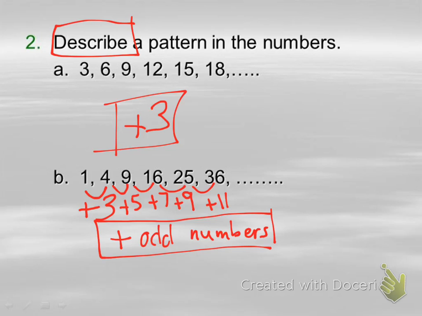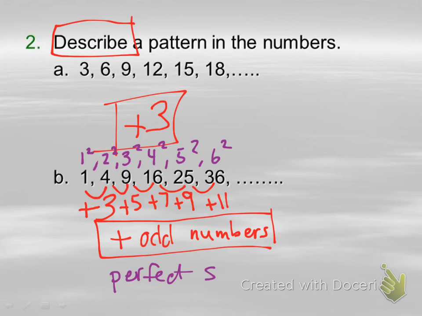I'll give you a hint. What's 1 squared? It's 1. What's 2 squared? What's 3 squared? What's 4 squared? What's 5 squared? What's 6 squared? Good. So you could say these are perfect squares.